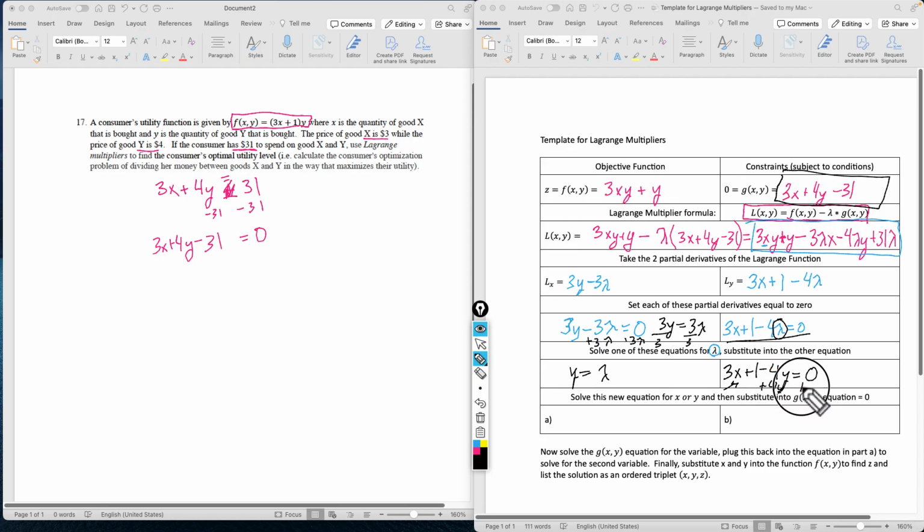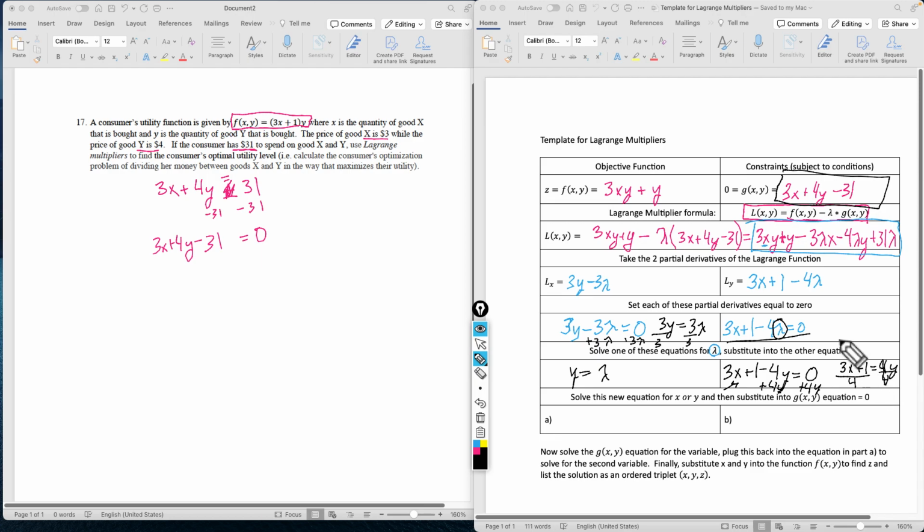I don't like to deal with negatives, as you know. So then I'm going to get 3x plus 1 equals 4y. Divide both sides by 4. Just divide the whole thing. You could do 3/4 x plus 1/4 if you want, but I'm going to do this as a single thing. So that's what y is.